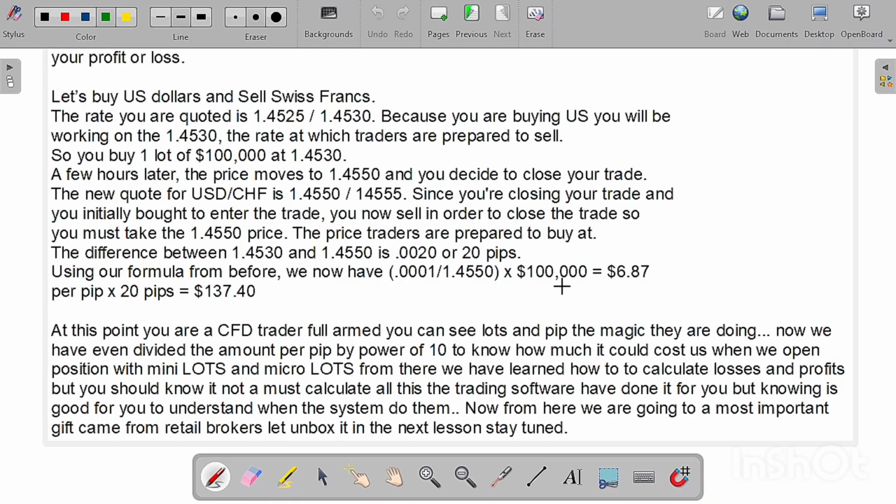These are the things that were introduced in this system by the banks and taken up by the little traders, who introduced something like mini lots and micro lots, which helped us, me and you, very, very much. And you will see something else that was introduced by the same brokers, which even today contributes so much in this industry of trading. Stay tuned so that we can learn this knowledge together.